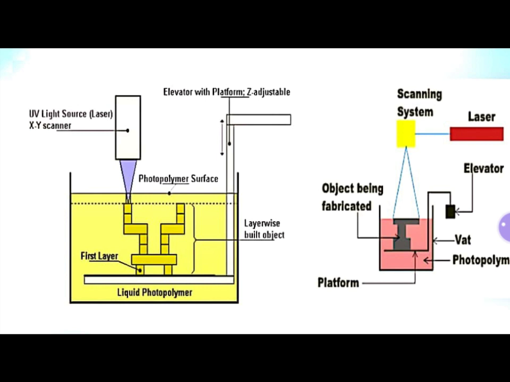This platform is adjustable, and it requires a laser unit which is used for curing the liquid photopolymer.